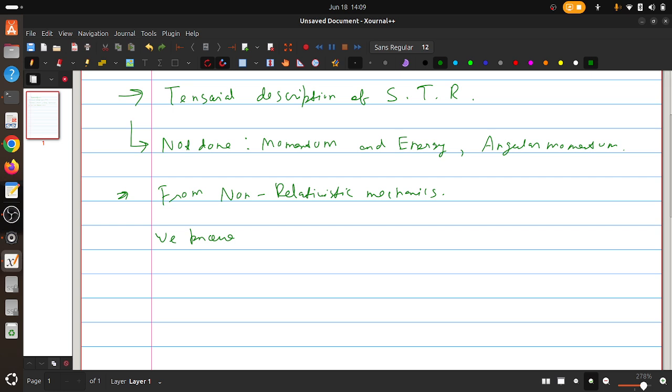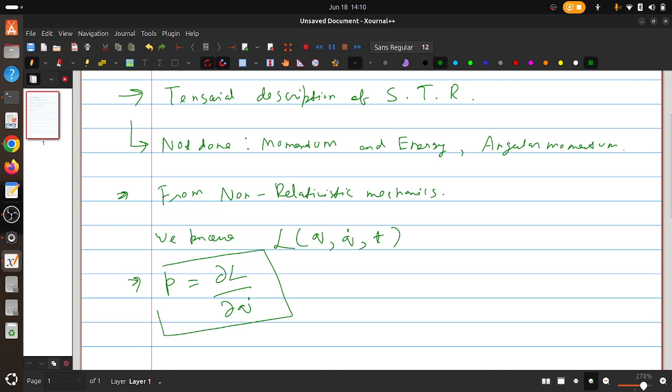that, for simplicity, let us consider only one particle. The Lagrangian is a function of the generalized coordinate q, the generalized velocity, and the time. Then we know that the conjugate momentum is equal to del L over del q dot.